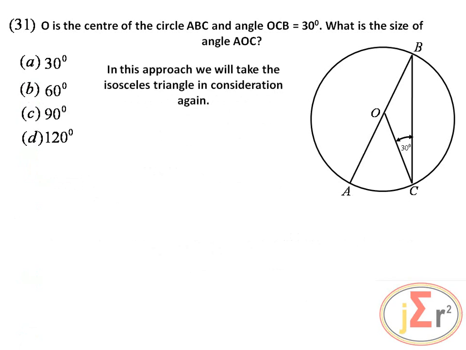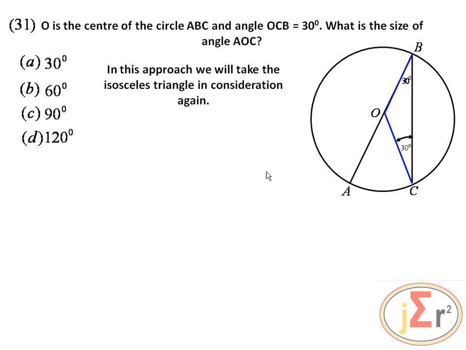In this particular approach, we will consider the isosceles triangle again. That is our isosceles triangle. We have initially highlighted the 2 equal sides as before.